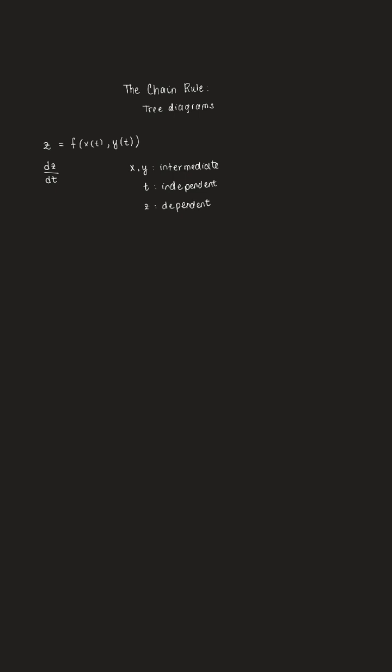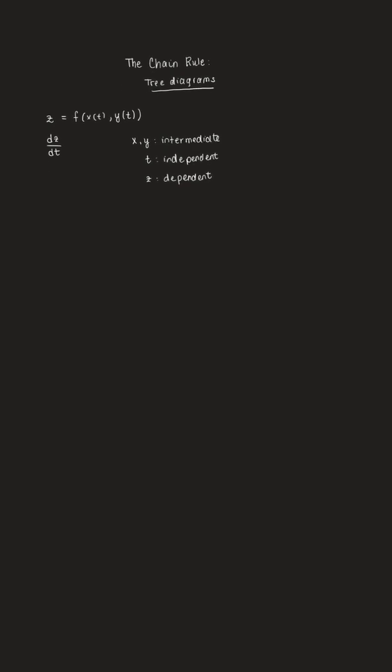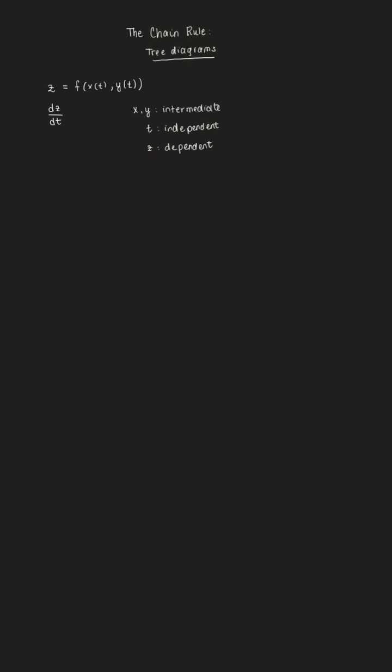So we're going to create a tree diagram that's going to help us keep track of derivatives. And right now, maybe it's not so difficult, but sometimes when we start adding intermediate variables, or each intermediate variable may be dependent on more than one independent variable, the trees are going to come really handy in keeping track of derivatives. And so first, I'm going to write the dependent variable along the first kind of imaginary column.